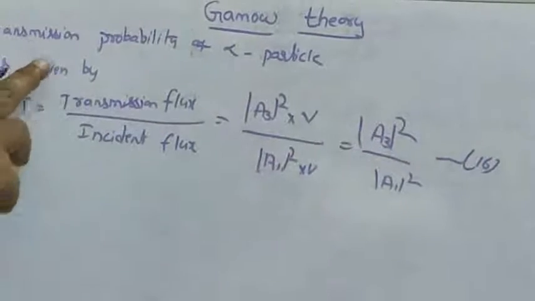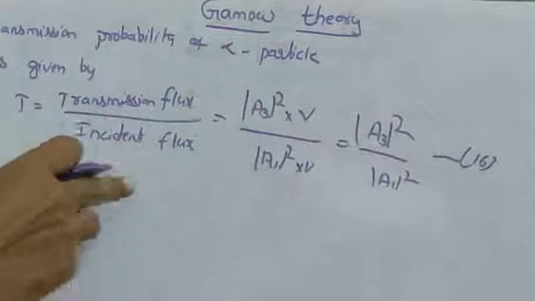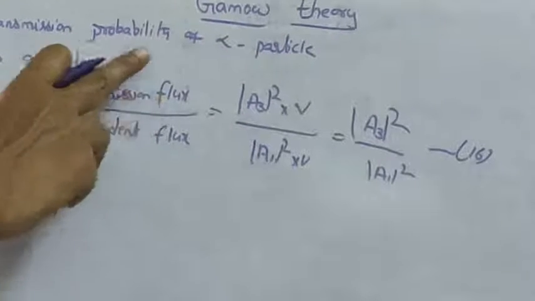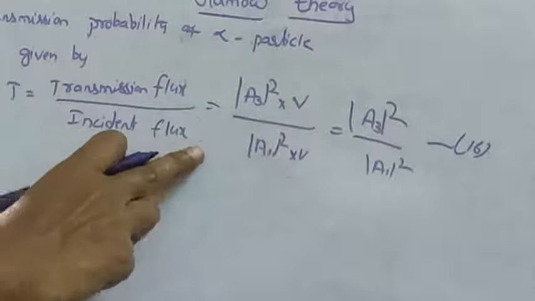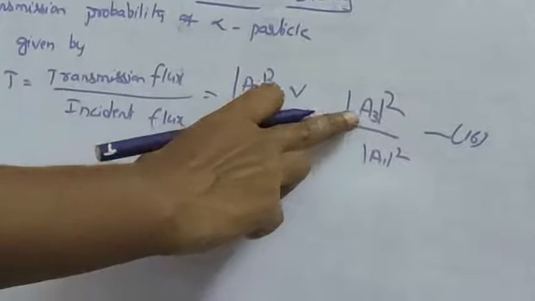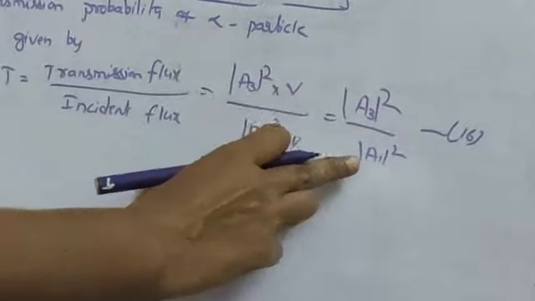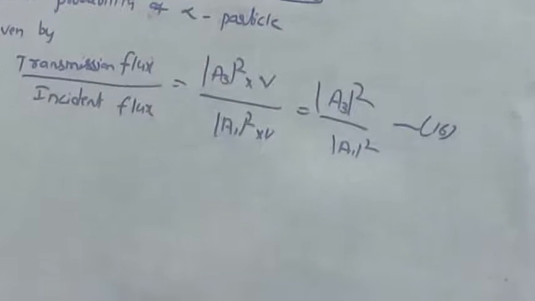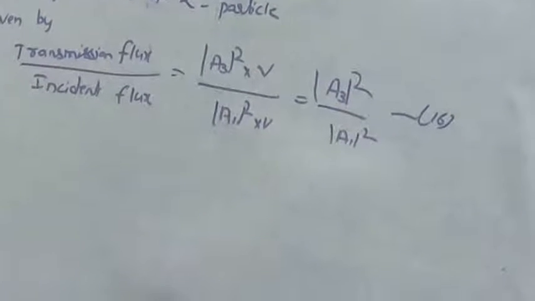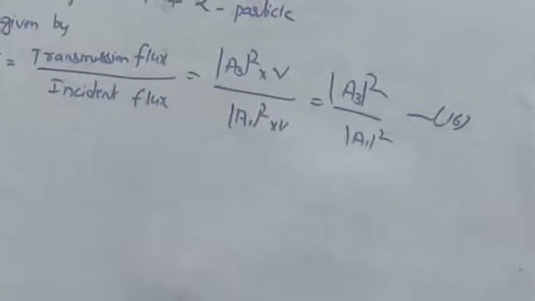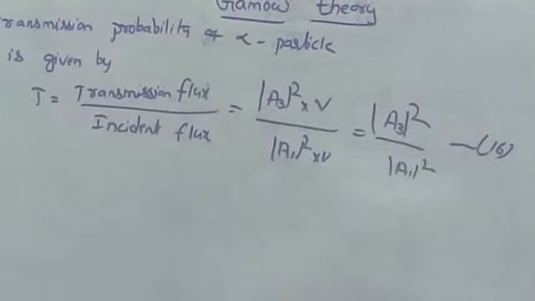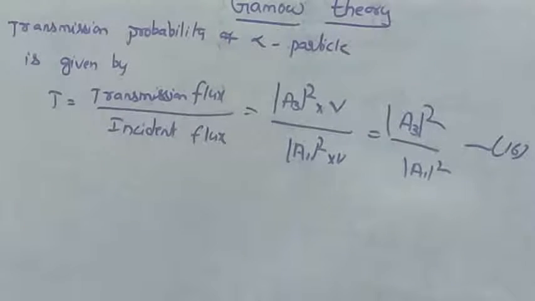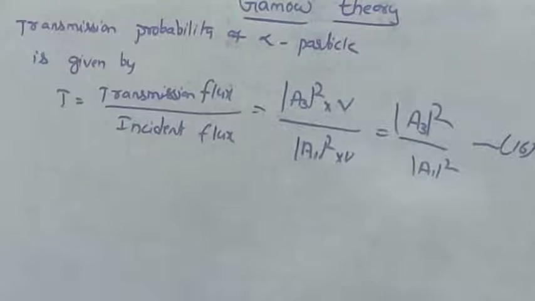Now we have defined the transmission probability of the alpha particle as T equal to transmission flux to incident flux, and overall it is denoted by mod A3 squared by mod A1 squared. Now the condition is if K2a is greater than 1, the first term in equation 15 can be neglected in comparison with the second term.